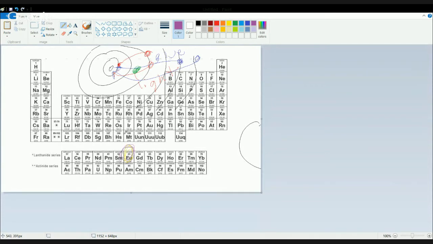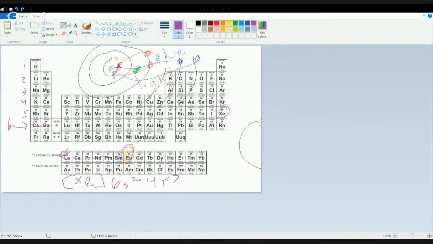So if I was to do a shorthand electron configuration, I think that might be the easiest way to go. So let's back him up a little bit farther, and I see I've got xenon. Xenon would be my shorthand electron configuration for europium. So I would go xenon, and then I would add on this row. I'd have to count 1, 2, 3, 4, 5, 6. So this would be 6s2, and then I go to the f block, 4f: 1, 2, 3, 4, 5, 6, 7, 4f7.